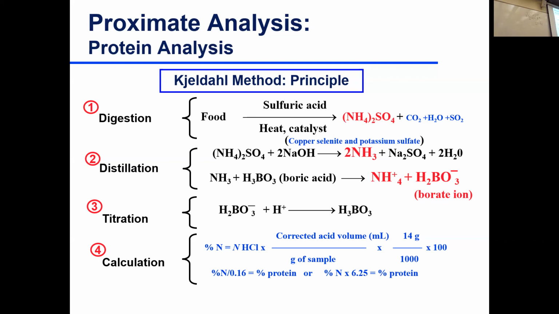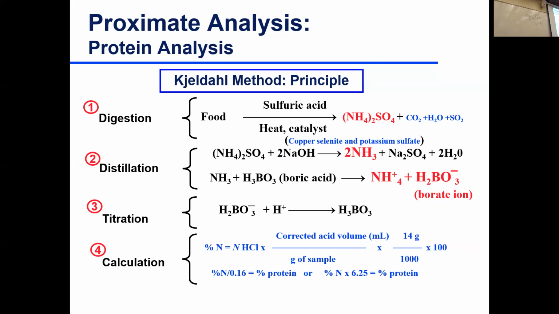We're going to have water generated. So the water and ammonia both are going to evaporate, and then there's a condenser, and they will be condensed into a solution containing boric acid. So instead of the ammonia evaporating and leaving the system, we need to contain it. So there is a distillation step that brings the ammonia down to react with boric acid.